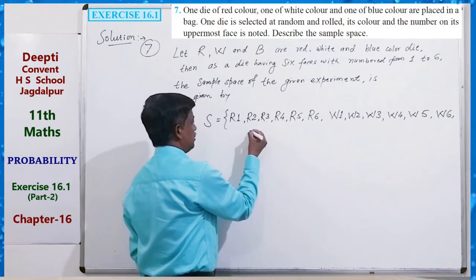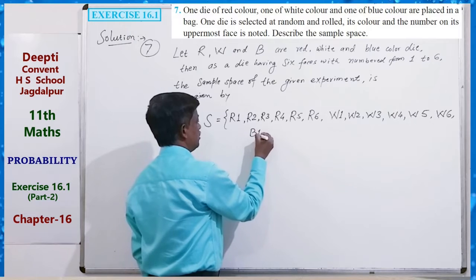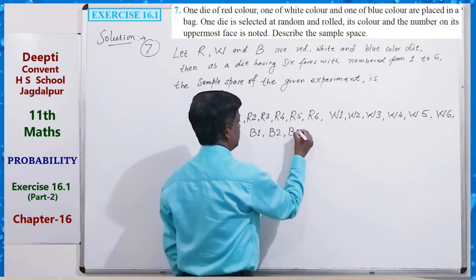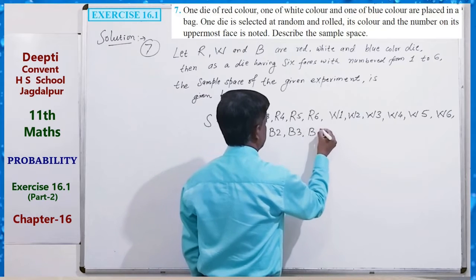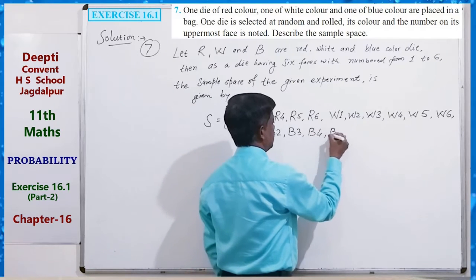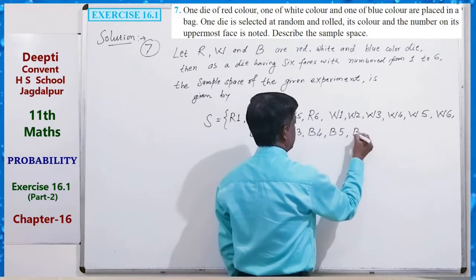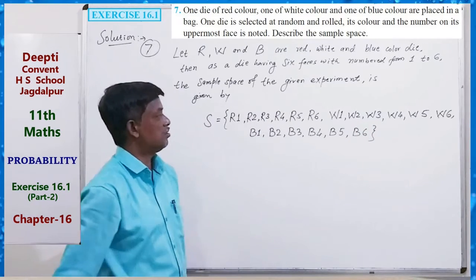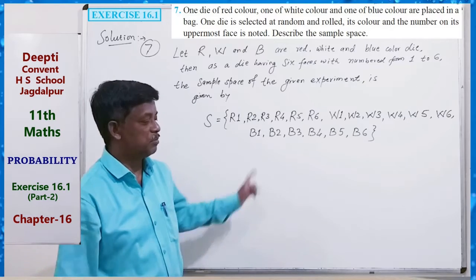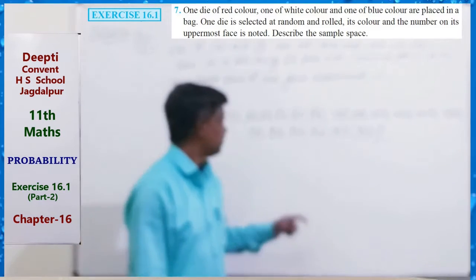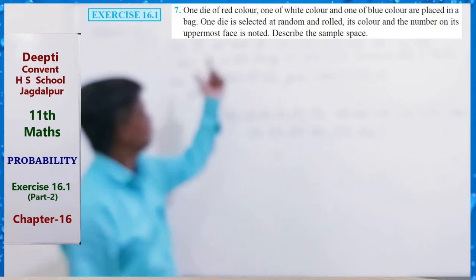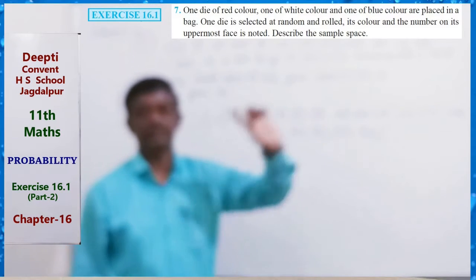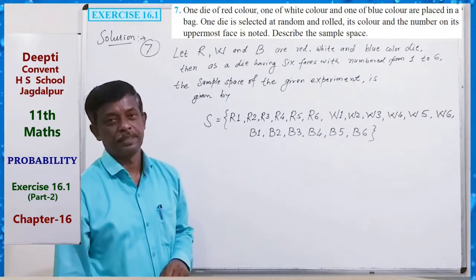If the blue color die is selected, then likewise B1 to B6. These are the possible outcomes and put in a set that is called the sample space. So this is the sample space for the experiment given in the question.